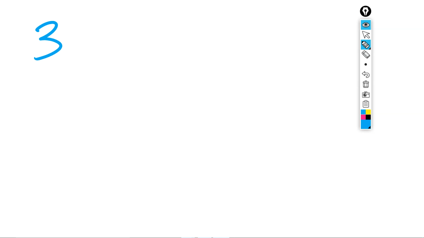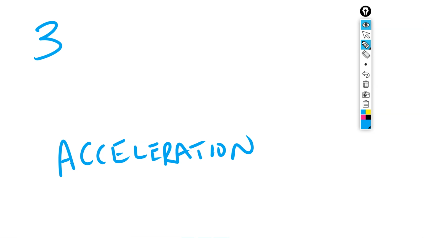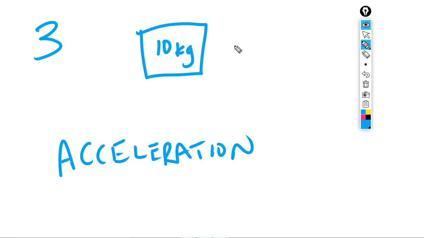Number 3, what is the acceleration? In this situation here, where we've got a 10 kilogram object with a net force acting on the object of 10 newtons.